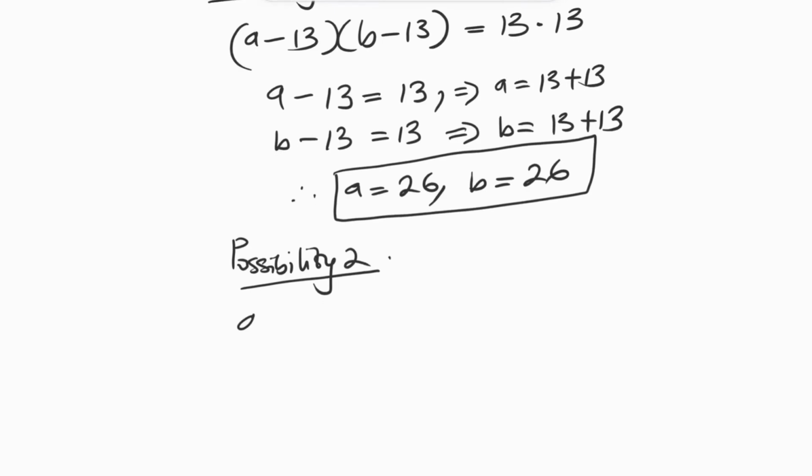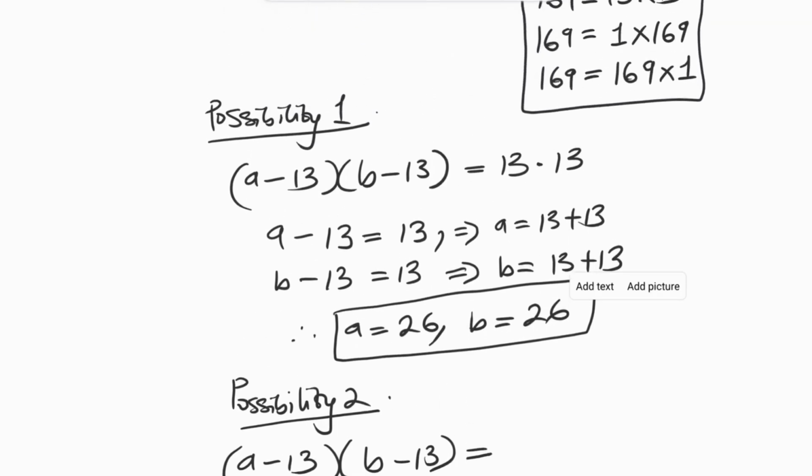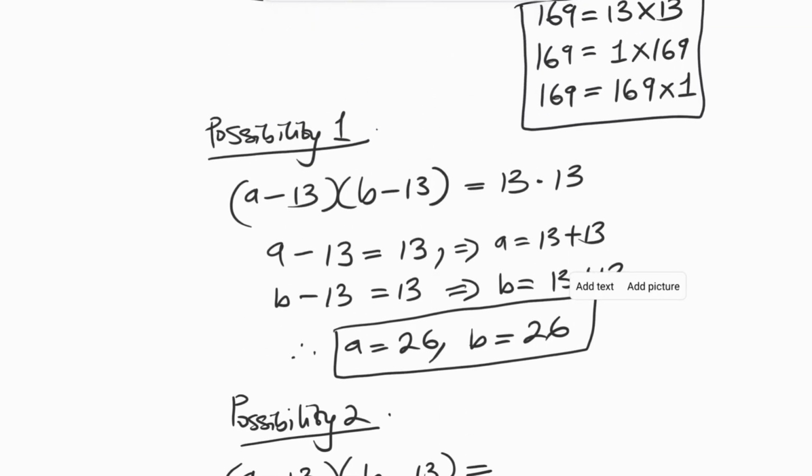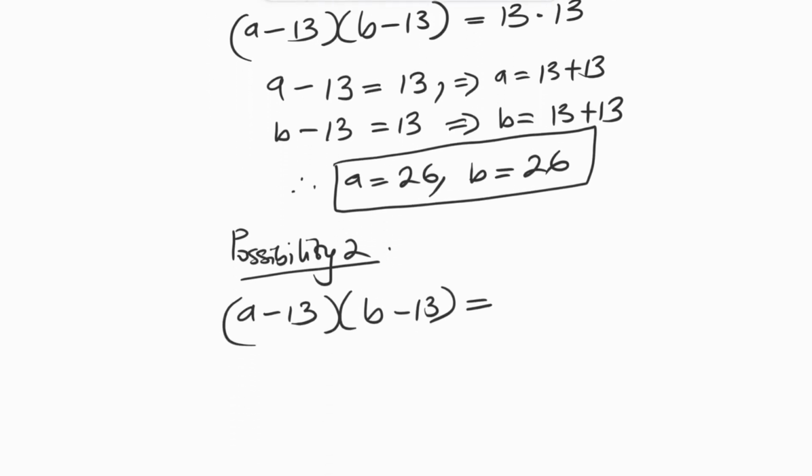So possibility 2. We know that (a minus 13) times (b minus 13) is equal to our second possibility, which was 1 times 169.